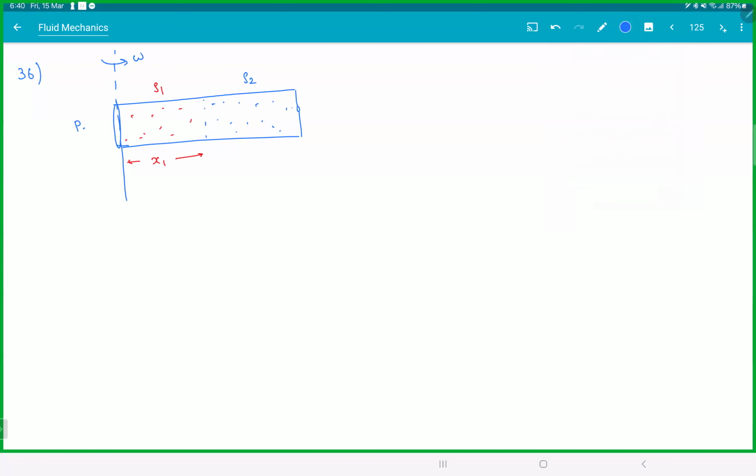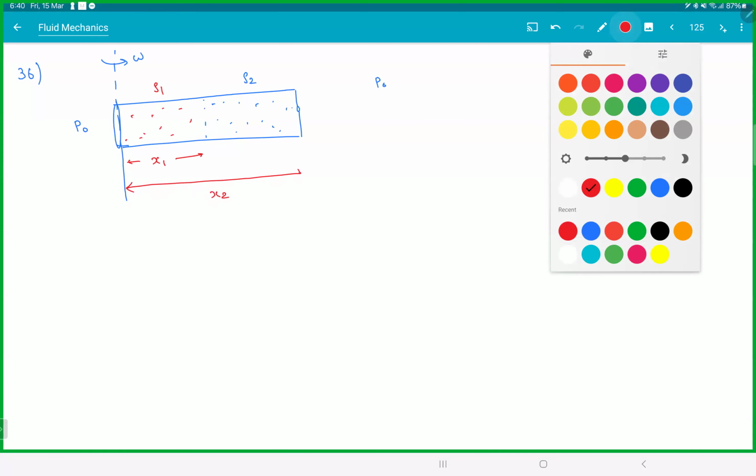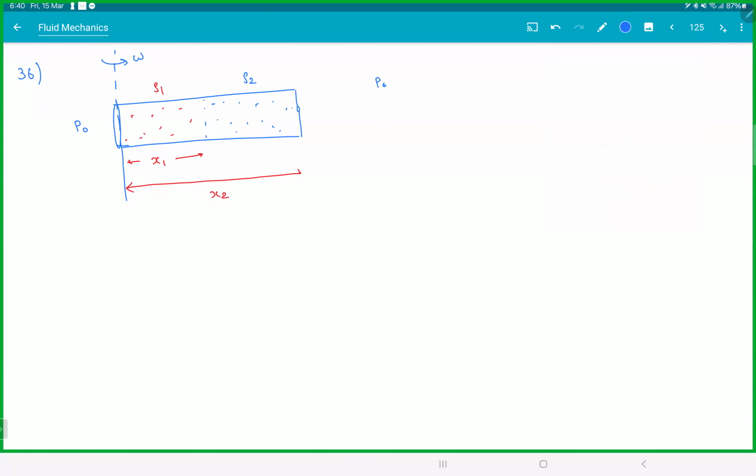This side is exposed, so atmosphere is P naught. This is x2. Neglect gravity. And this is a small hole. So liquid will start gushing out. Find velocity for flux.